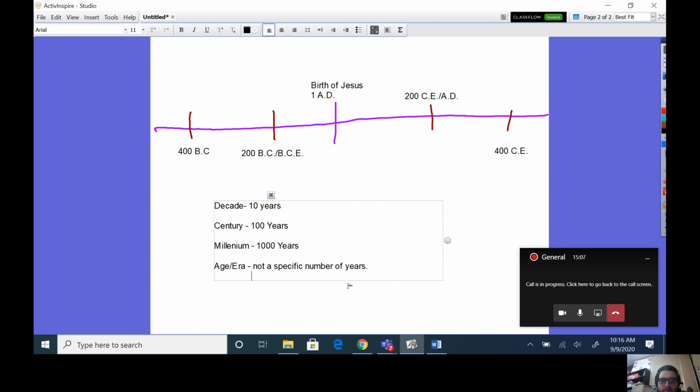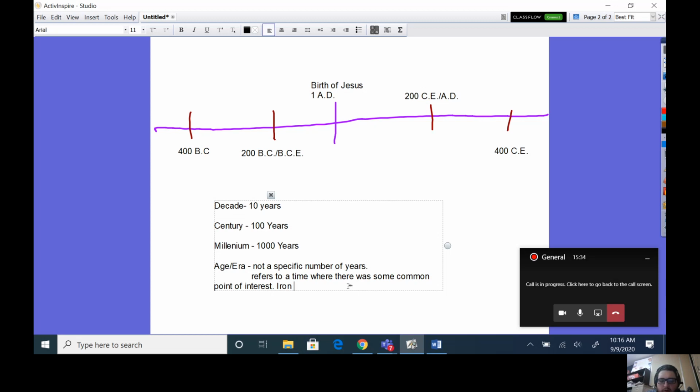Instead, the word age or era refers to a time where there was some common point of interest.